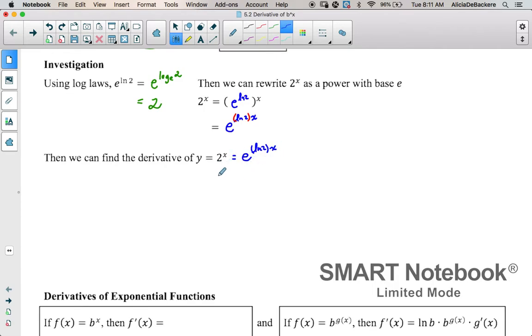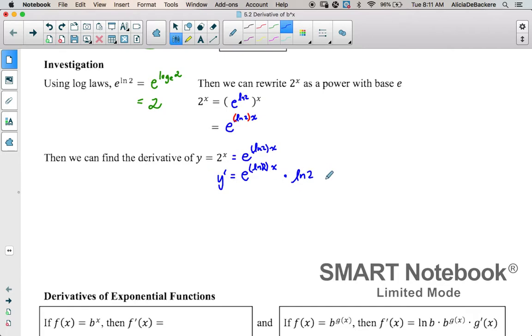So then I can say that y prime is equal to, when I take the derivative of a base e exponential, I just write it down exactly how it was, e to the ln 2 times x. And then I multiply by the derivative of the exponent. Now remember, ln 2 is just a number. It's a decimal number. So I've got some decimal times x, and when I take the derivative of that, it's just the decimal number, so it's just the ln 2.